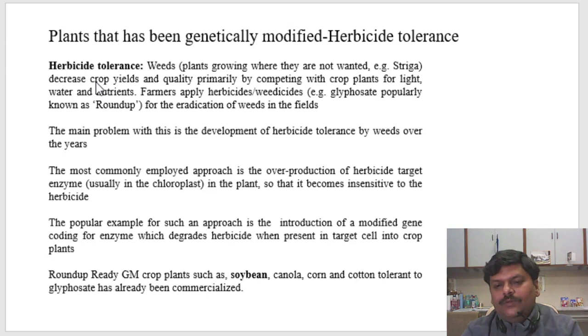So that's how herbicide tolerant plants are developed, and most prominent of them are the soybeans, which are tolerant or resistant to glyphosate, which is one of the most popular herbicides being used globally.